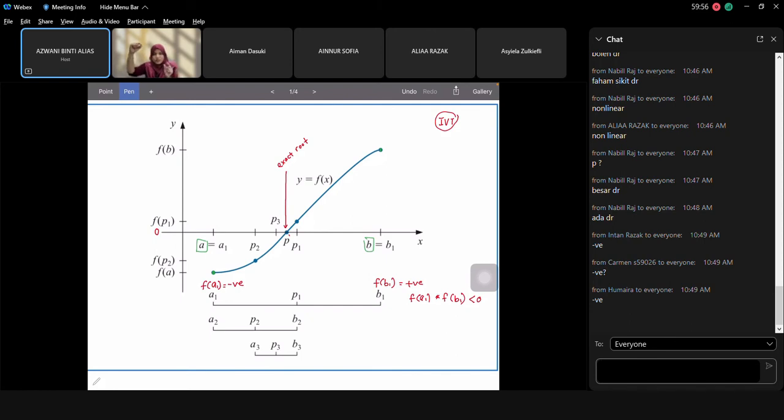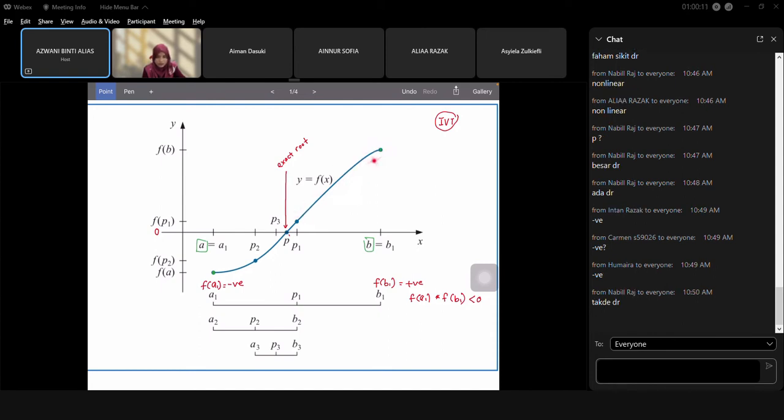Kalau dua-dua positif, let's say kat sini. Ni dengan ni. Point P1 kat sini dengan ni. Okay. Ada tak solution antara between ni? Ada tak solution antara ni dan ni? Tak ada kan? So tu tujuan dia bahasa symmetric. Kita nak reduce the graph, the interval tu supaya mana interval yang patut kita ambil. Okay.